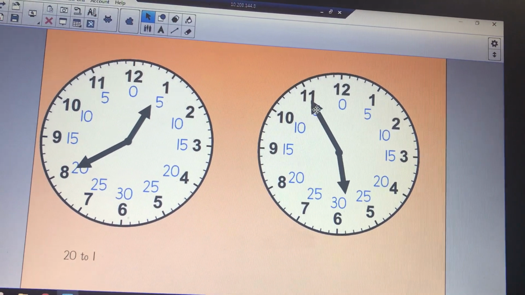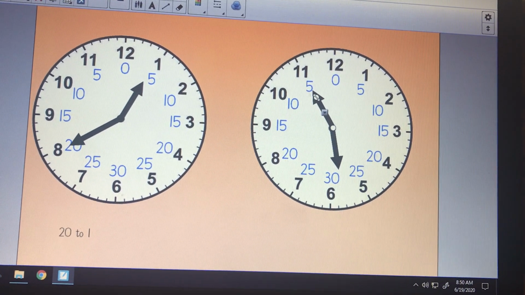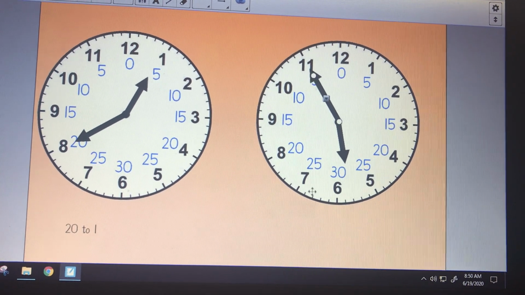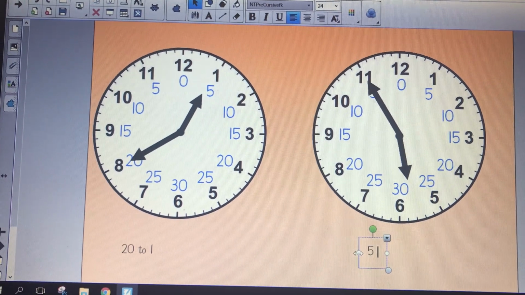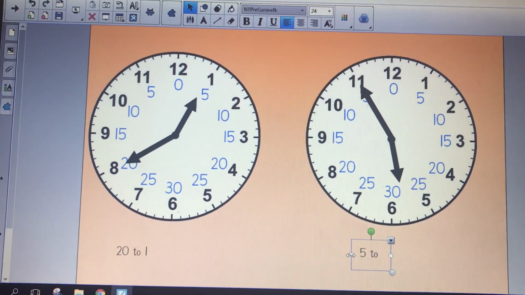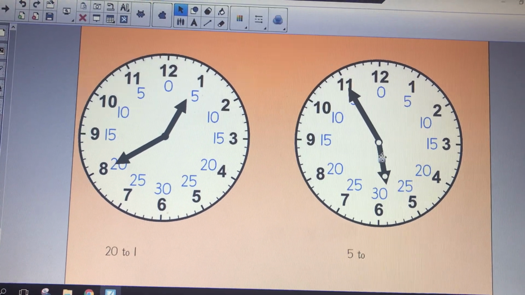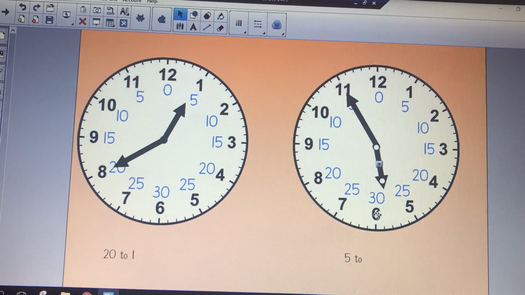The minute hand, the long hand, is pointing to the 11, and that is the same as 5 minutes to. So if I can just type here, we would say 5 to, and then the hour hand, which is here, the short hand, it is almost at the hour of 6.